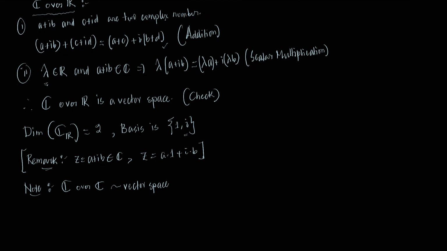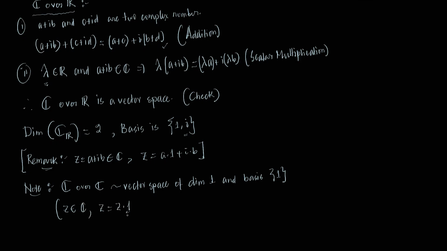C over C is a vector space of dimension 1, and what is the basis element? You take a non-zero element, let's say 1, that will be your basis element, because if you take Z in C, then you can write Z equals Z times 1.